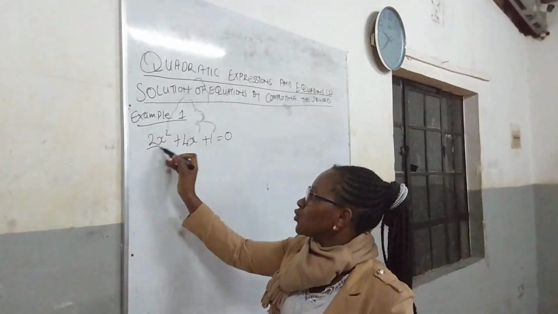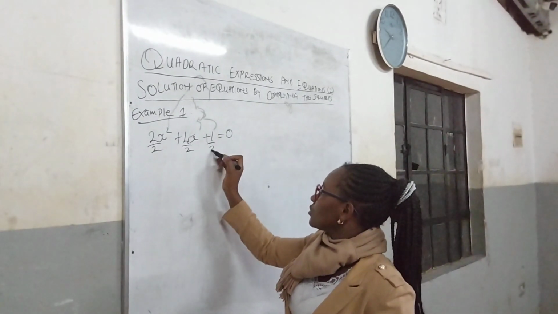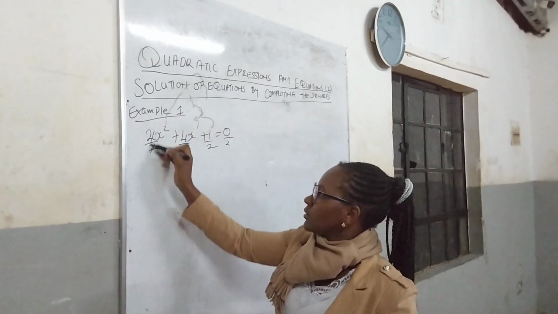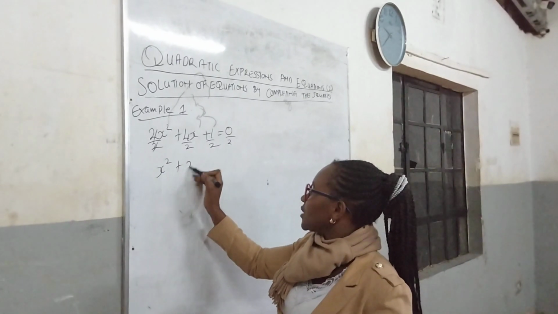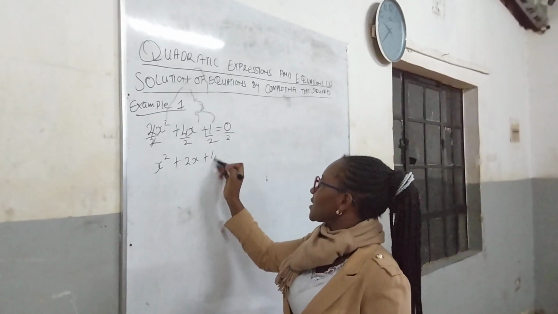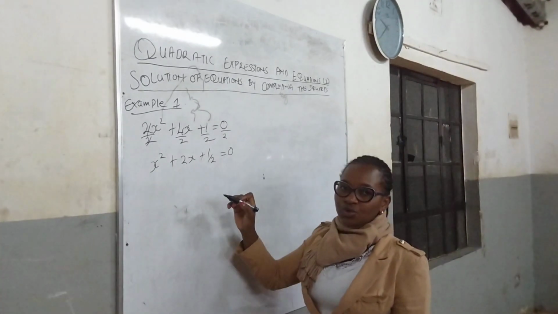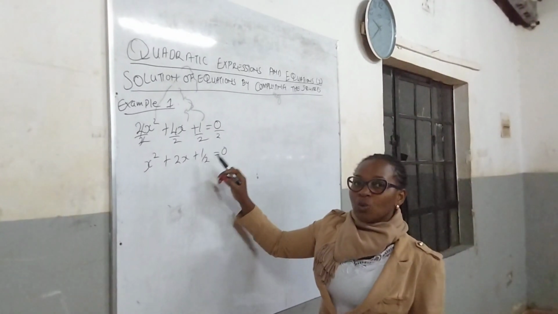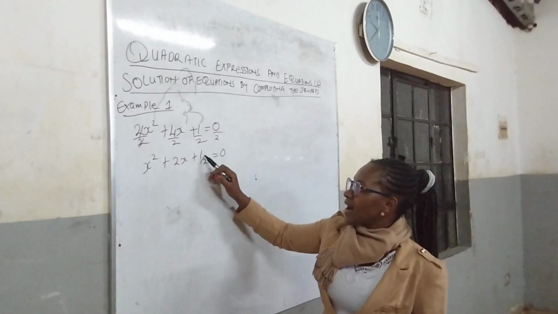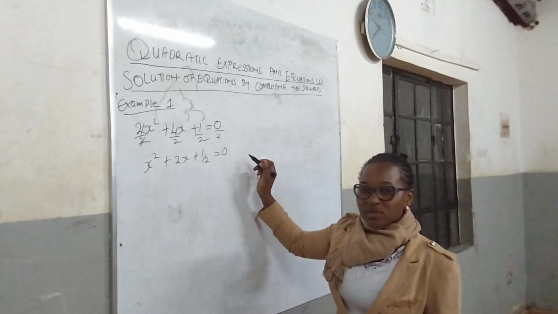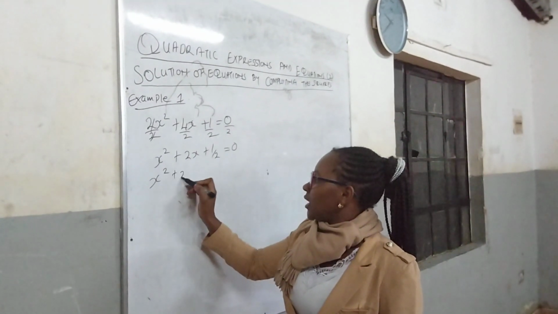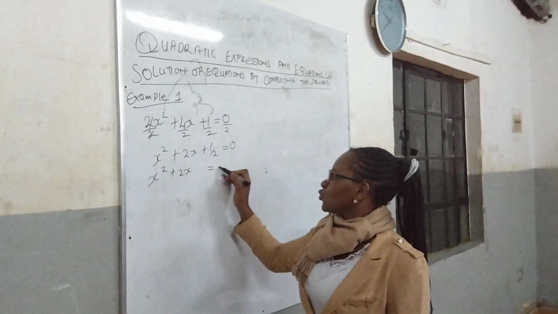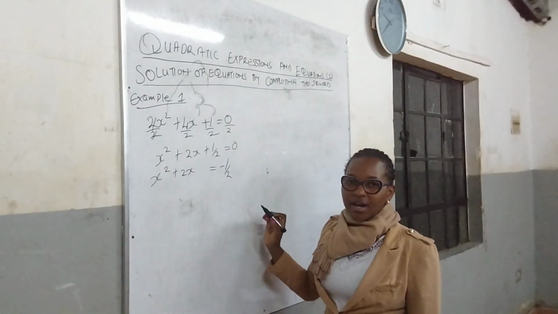So we divide by 2 across for us to get x squared plus 2x plus a half is equal to 0. From this part, we take the half to the other side of the equal sign, for us to have x squared plus 2x is equal to negative a half.